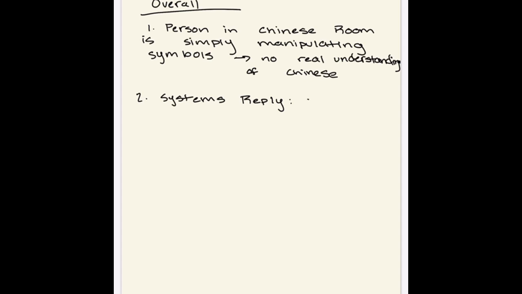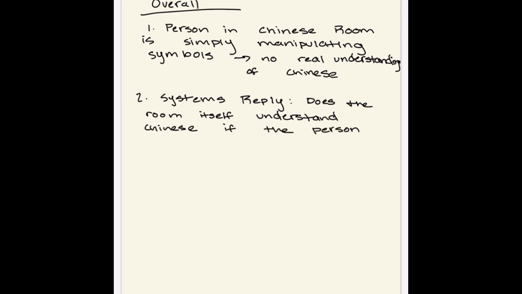And then the system's reply would be, does the room understand Chinese if the person doesn't understand Chinese? It's sort of a rhetorical question that you could use to think about this, kind of frame it in the way that these thinkers did.